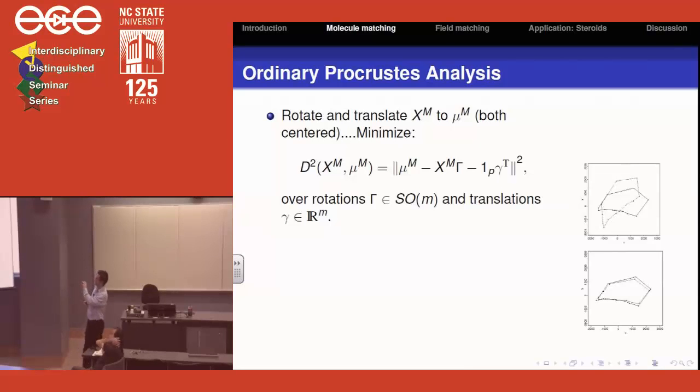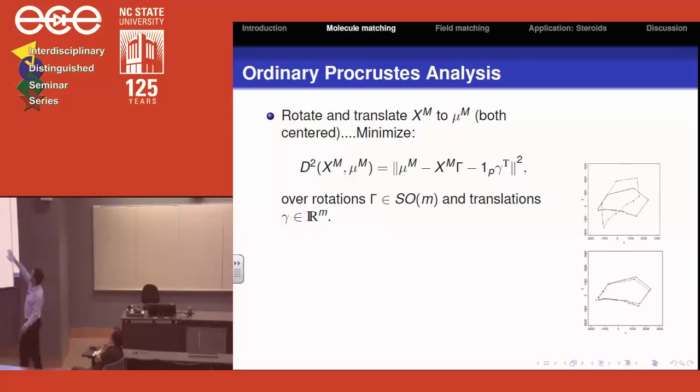I can translate it with the other gamma, and then I can get them as close as possible by minimizing the square Euclidean distance.